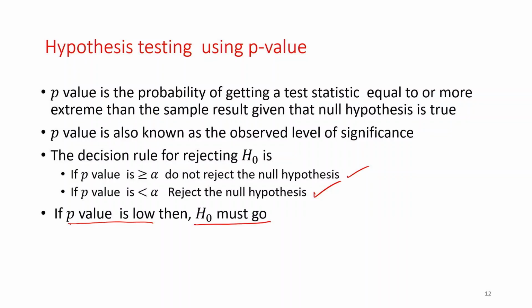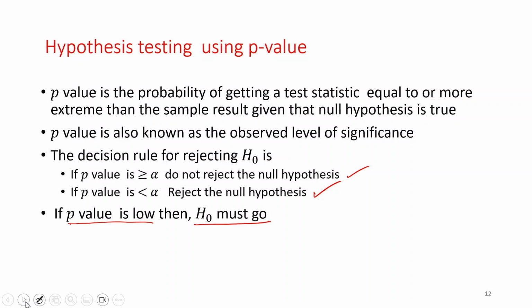Easy to remember. So lower p-value means the null hypothesis is to be rejected, and higher p-value means the null hypothesis cannot be rejected.